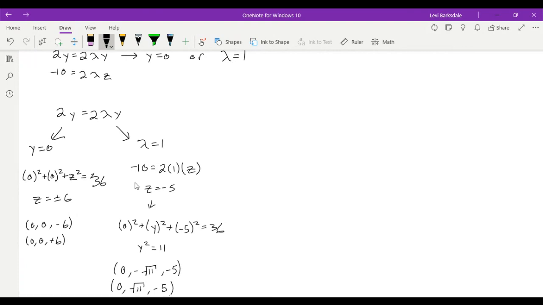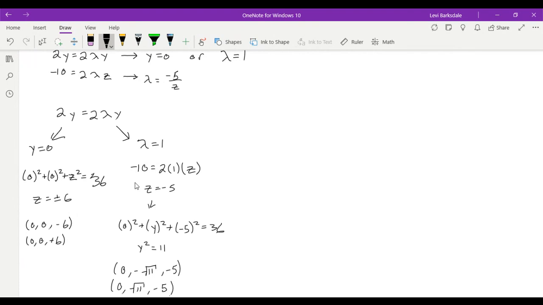And finally, to solve this third equation, we could say that lambda is equal to negative 5 over z. You could plug that into our second equation and get that 2y is equal to negative 10y over z.